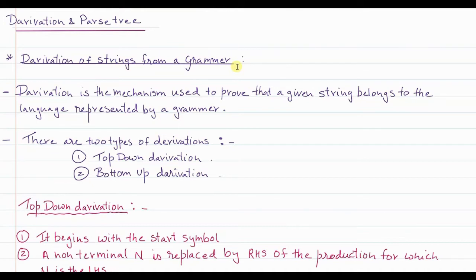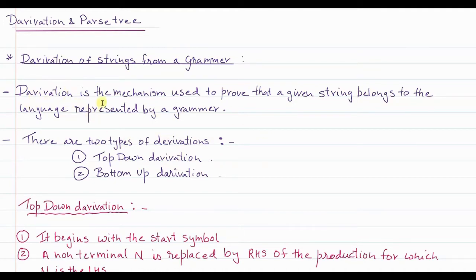For that, we used to take some sample string and say that from the start symbol, after doing the replacements, if I am able to get that string, I say the string belongs to the language of the grammar, or else the string is rejected. That's basically the mechanism called derivation of the string.